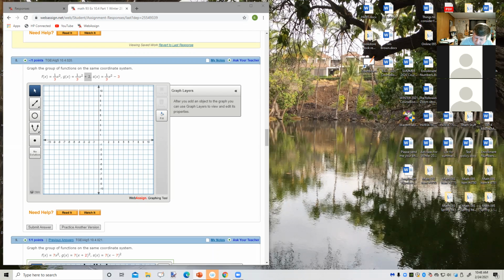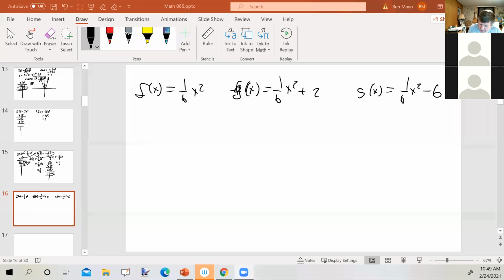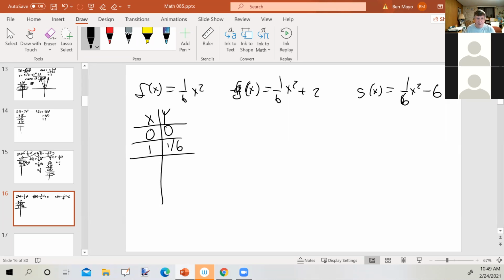The next one is -6. Okay, okay. So there's these 3 equations, right? Okay. So again, we've got the vertex is at 0, 0, and the first point is at 1, 1/6. Are we okay with how I got that?